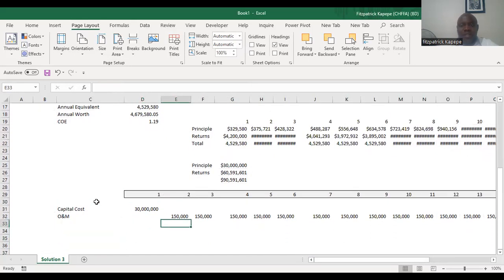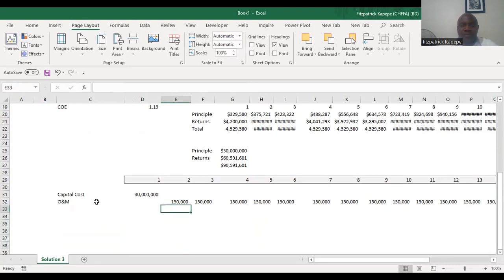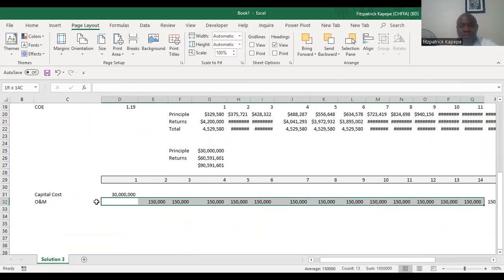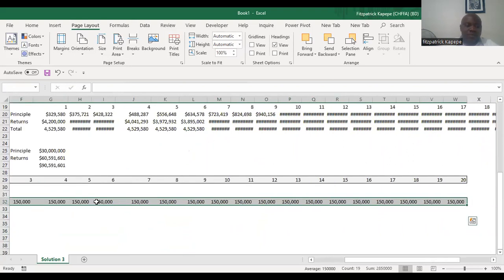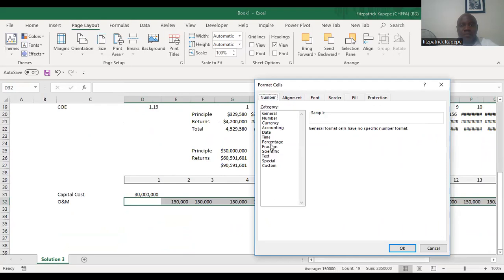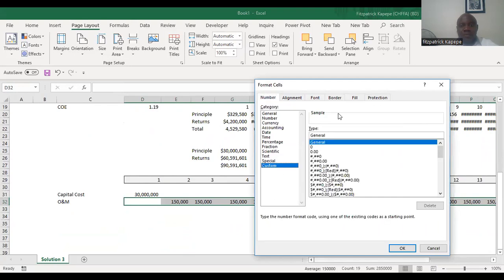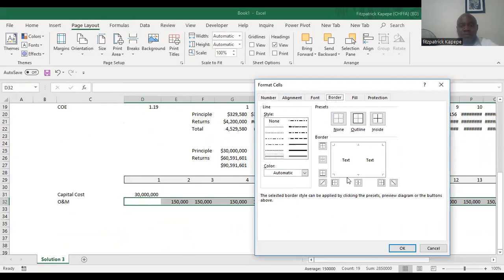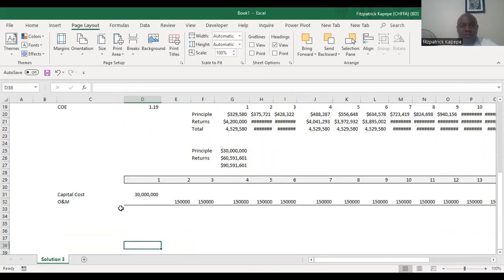So this is year 1 up to year 20. Okay, so you have the total cost in here.